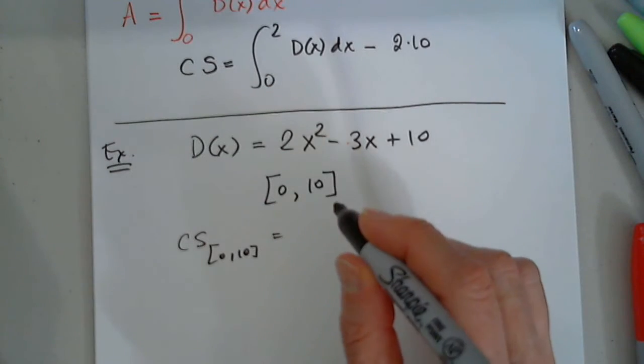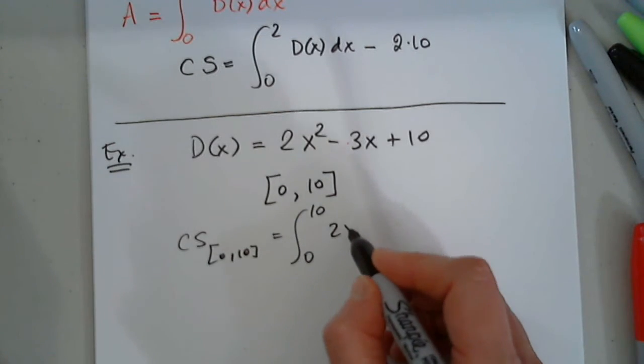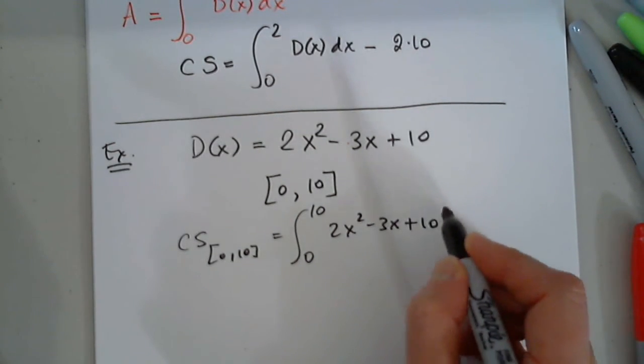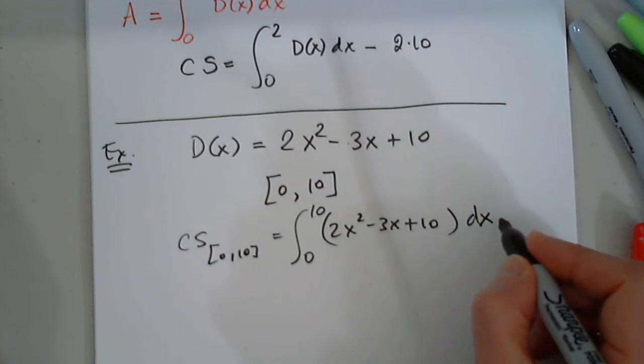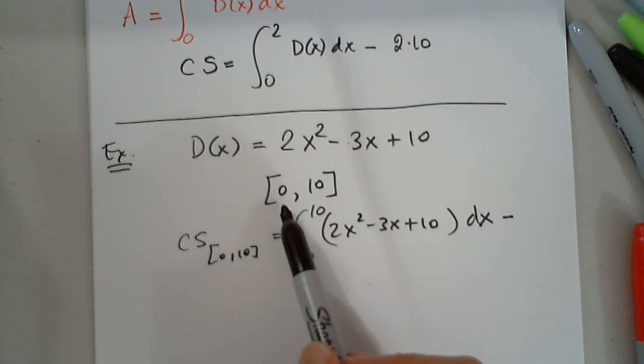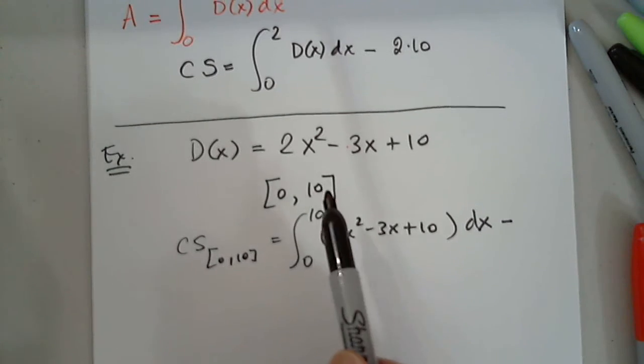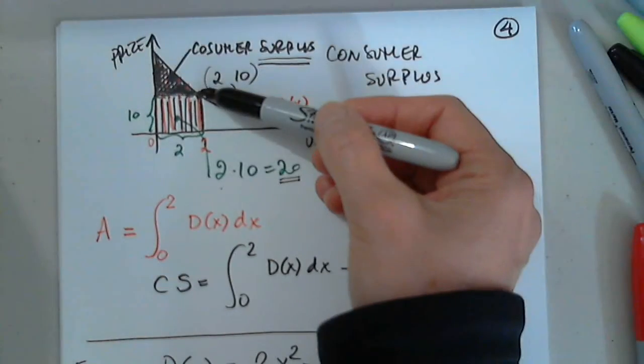And we are going to determine the integral from 0 to 10 of 2x squared minus 3x plus 10 dx minus, we have to determine a value for 10, right? Because we have to find a point.